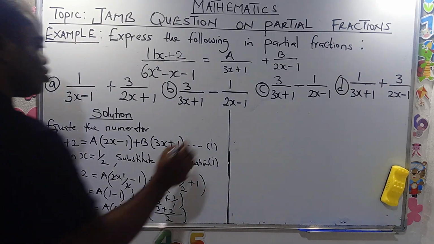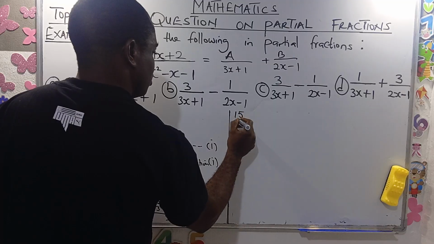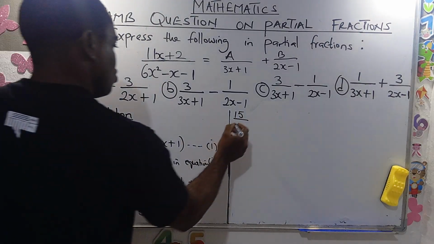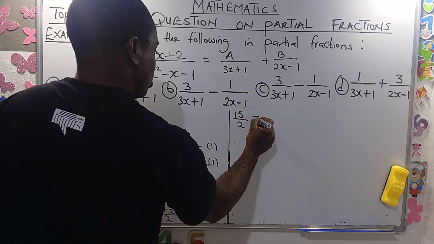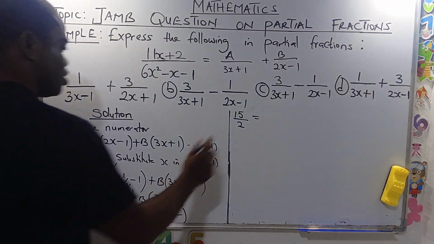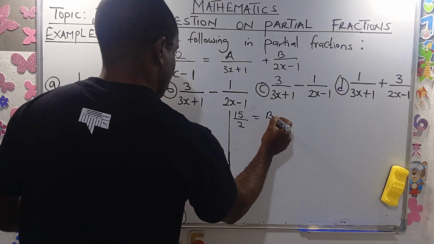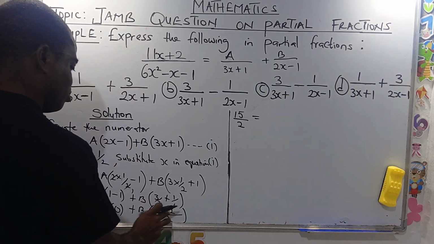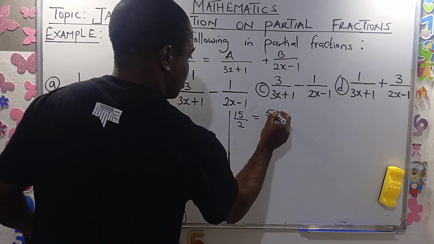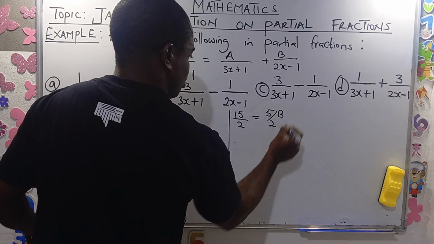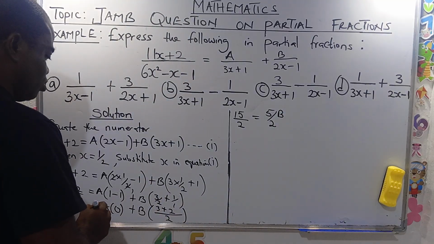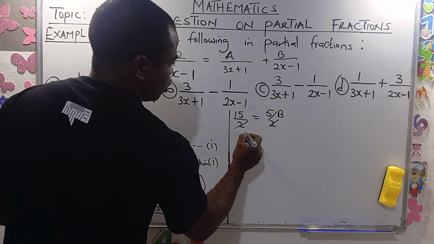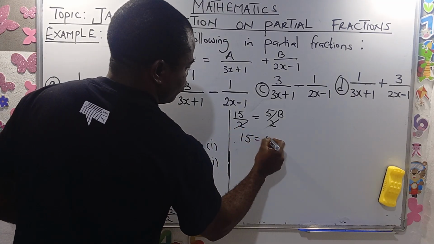11 plus 4, that is 15 over 2, equals A times 0, which is 0. We're left with B, and that B, you're having it to be 3 plus 2, that's 5 over 2 B. From this point, 2 cancels 2, we're left with 15 equals 5B.